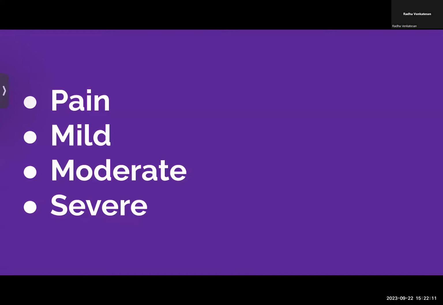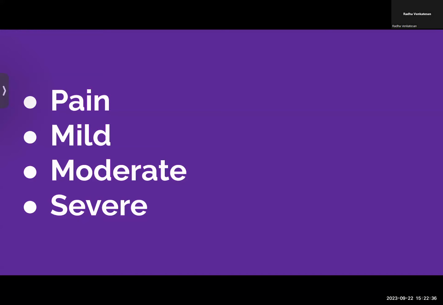Again, pain can be mild, moderate, or severe. We have seen the 0 to 10 scale, or the patient explaining, whatever it is. So based on that, if the pain is mild, you will use step 1. If the pain is mild to moderate, you will use step 2.